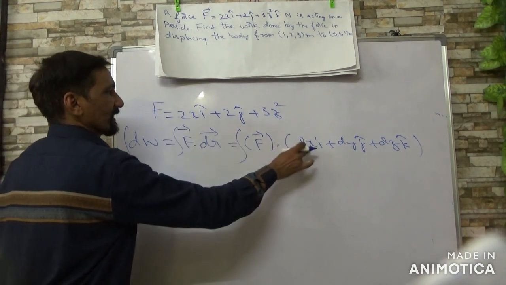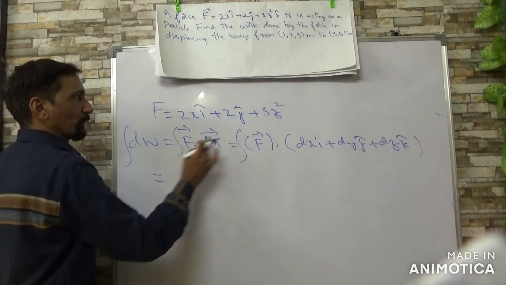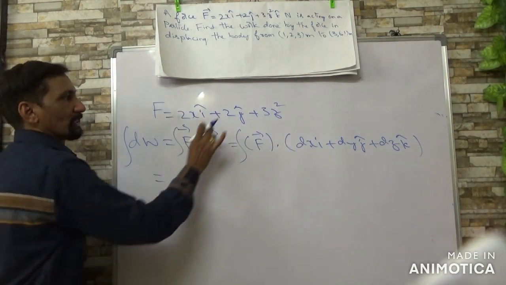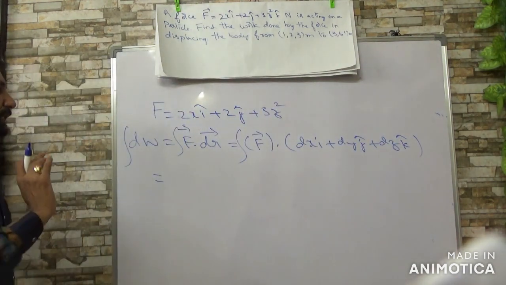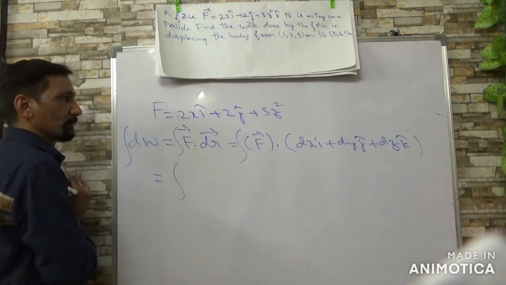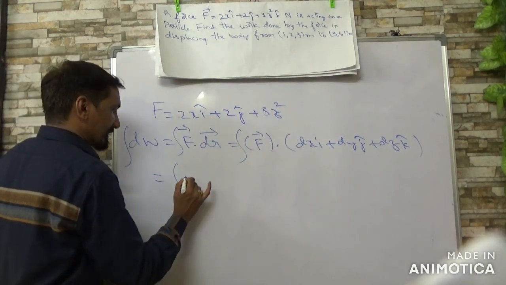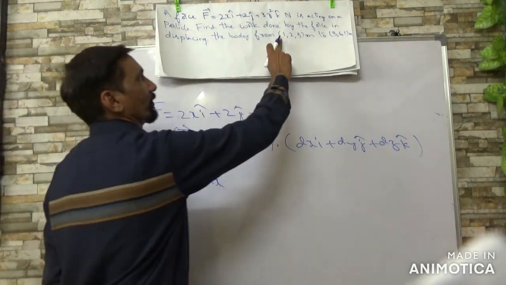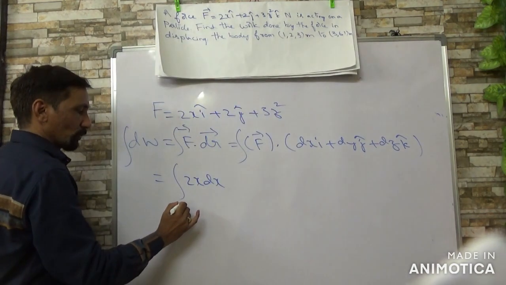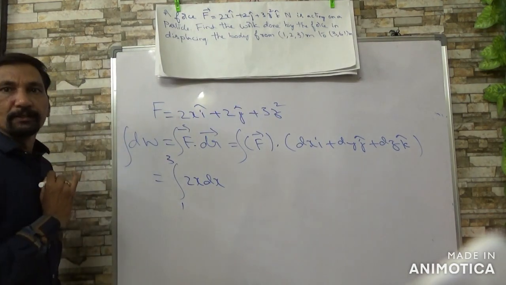So 2x dx, dot product a1 a2 plus b1 b2 plus c1 c2. So that is why integral 2x dx, limits, x is moving from 1 to 3, so lower limit 1, upper limit 3.